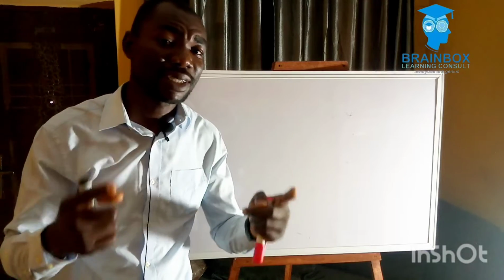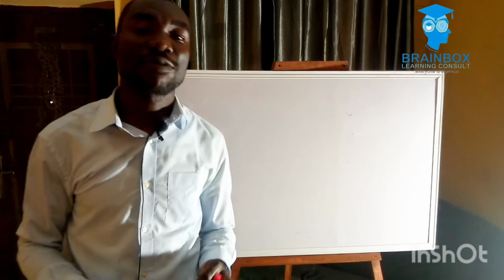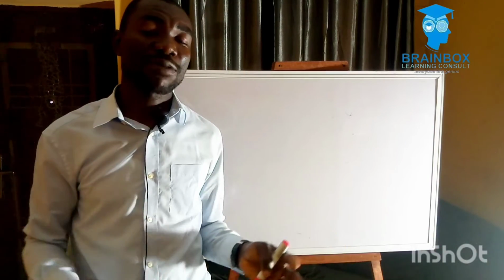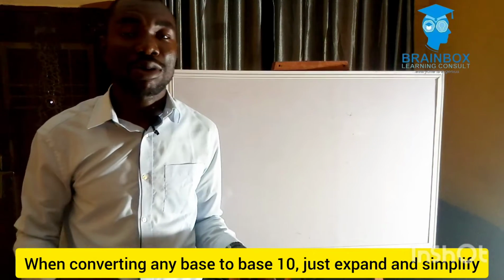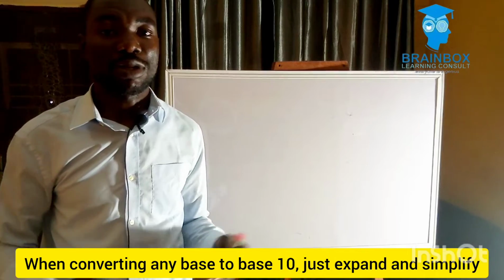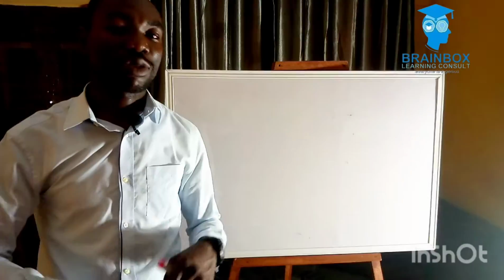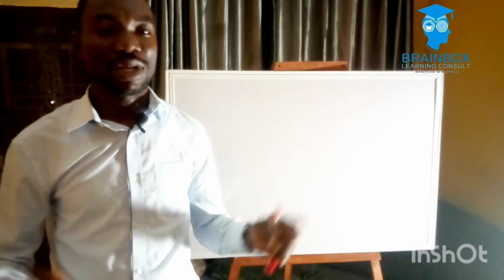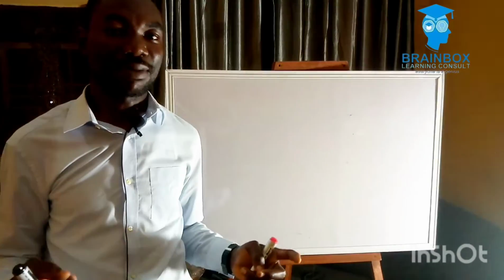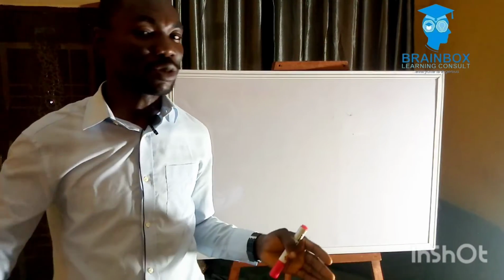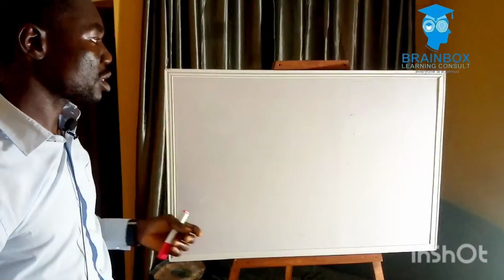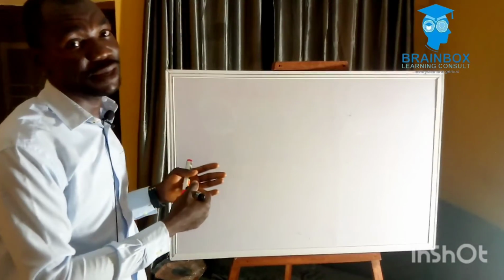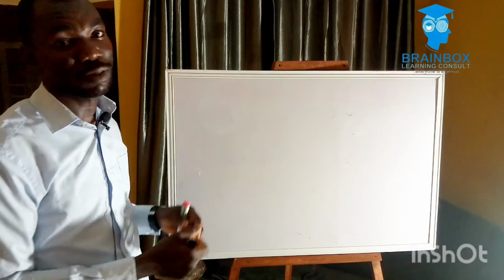Basically, in number-based system, when converting from base 2 or from any other base to base 10, all you just need to do is you expand. Once you expand, you've actually converted to base 10. So expansion in number-based system actually converts that number to base 10. So quickly, I want to see how we can convert some binary system operations to base 10.